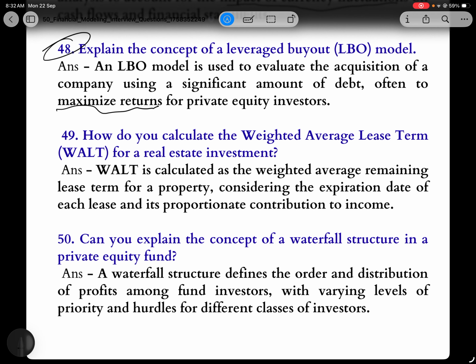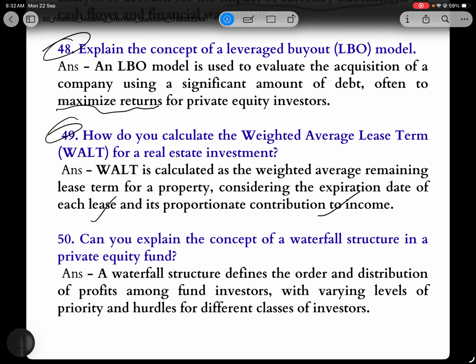Okay. So 49 is how do we calculate weighted average lease term for a real estate investment, right? So weighted average remaining lease term for a property basically considers the expiration date of each lease and its proportion to income, right?